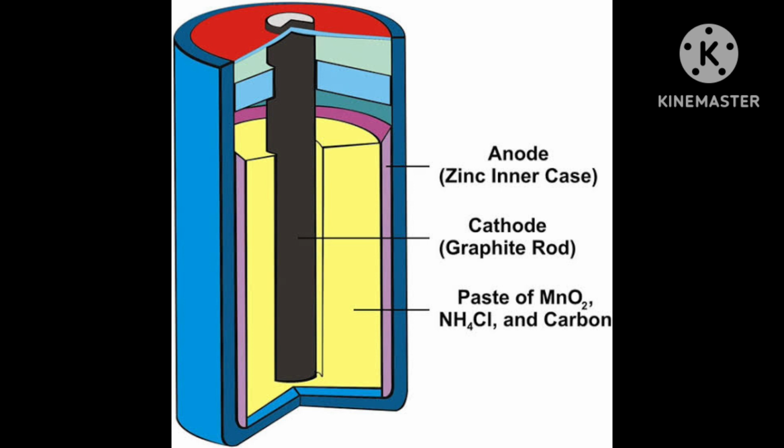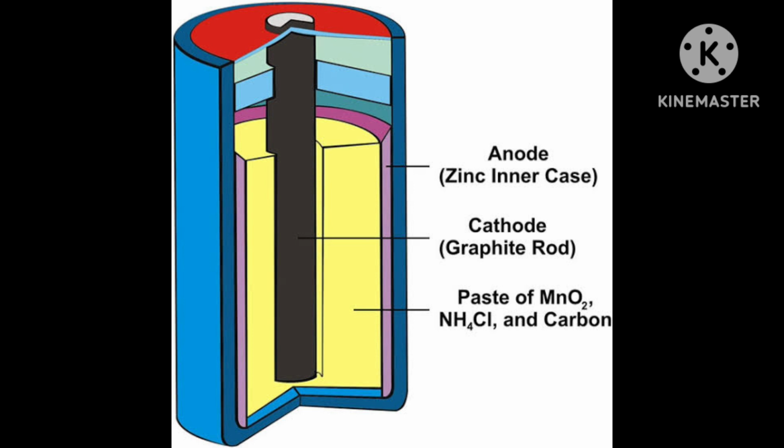After its discoverer Leclanche, it has been named Leclanche cell, also known as dry cell, which is used commonly in our transistors and clocks. It is used only one time, after that it is thrown. It can't be reused.